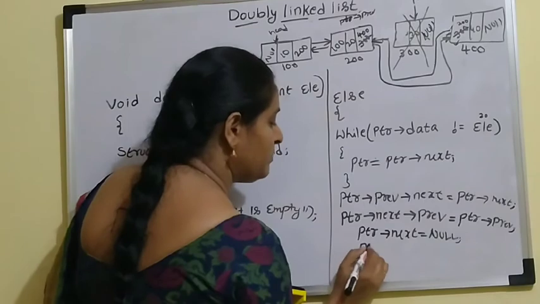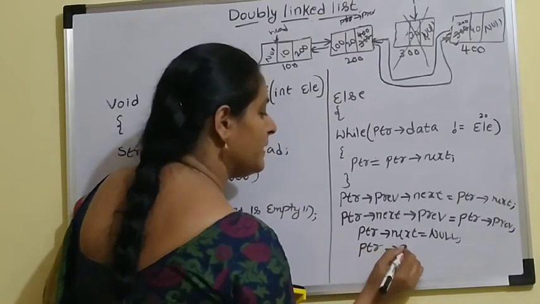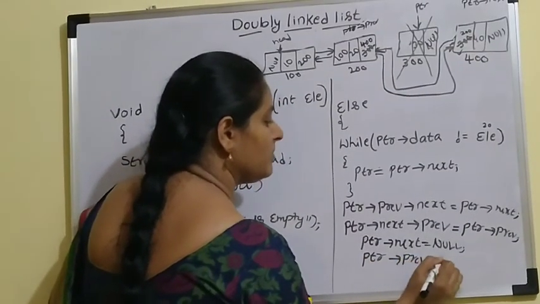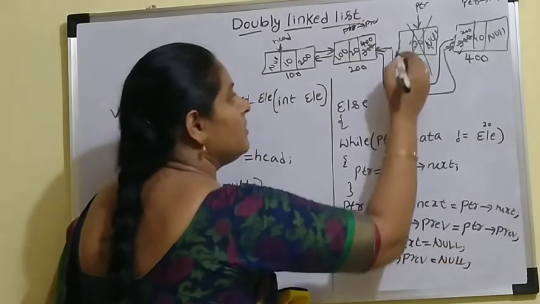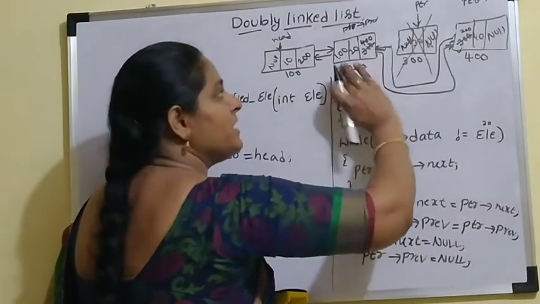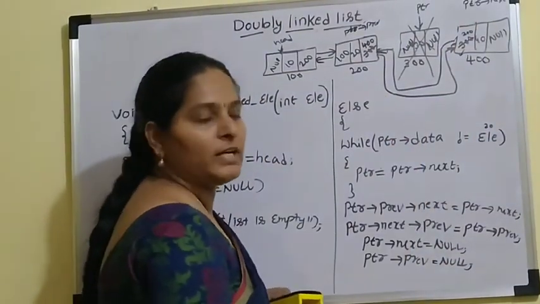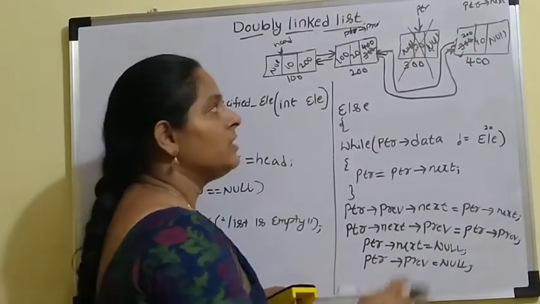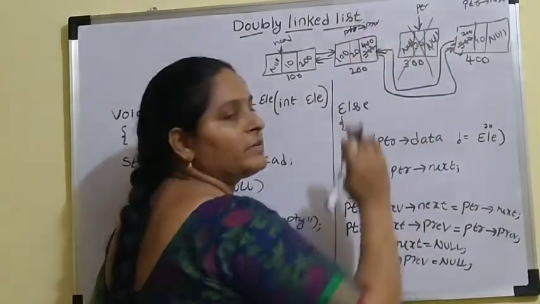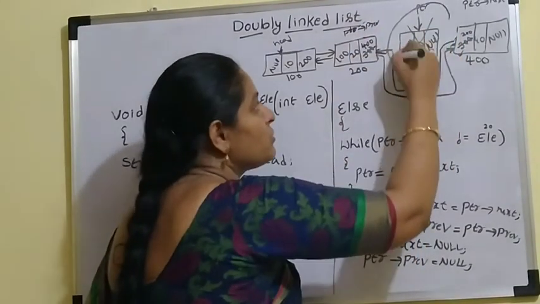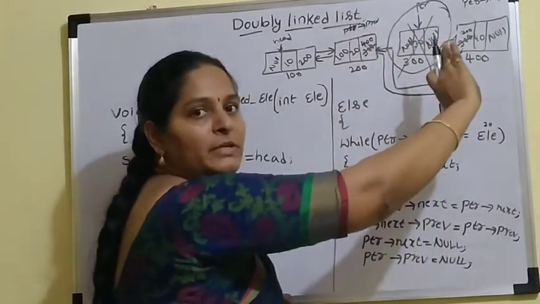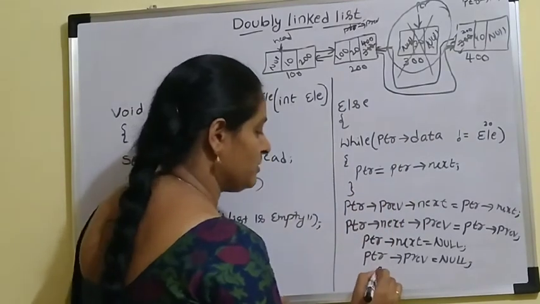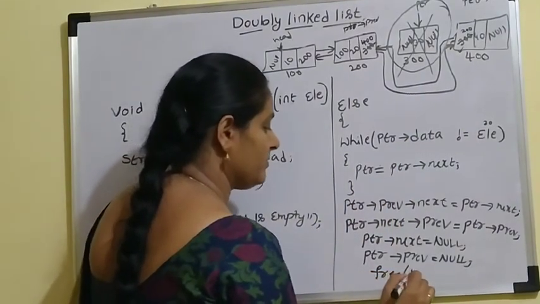And ptr previous also, make it null. Now this node is not pointing to any node, and its previous part and next part are not having any node address. Completely this node is separated from the list. Now remove this node or free the memory from that node by using the free function. Free ptr.